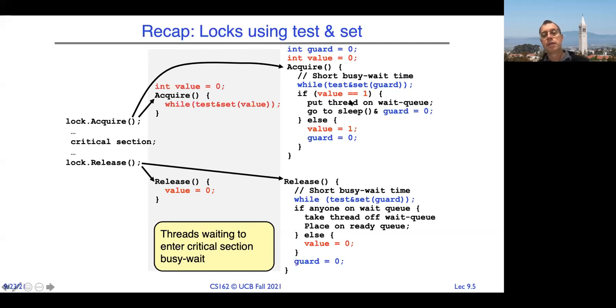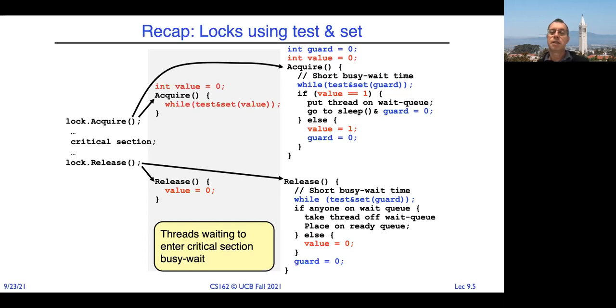So we went to the second iteration, which we also presented earlier in today's lecture. You use test and set only to protect the critical sections concerned with updating the value of the lock. This is a much shorter critical section, so you wait only for a very short time.